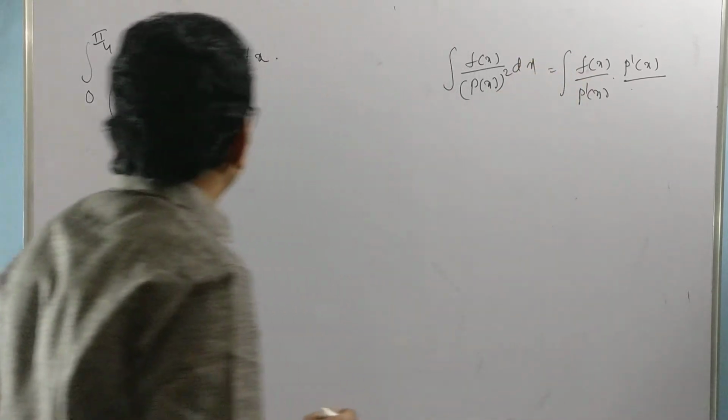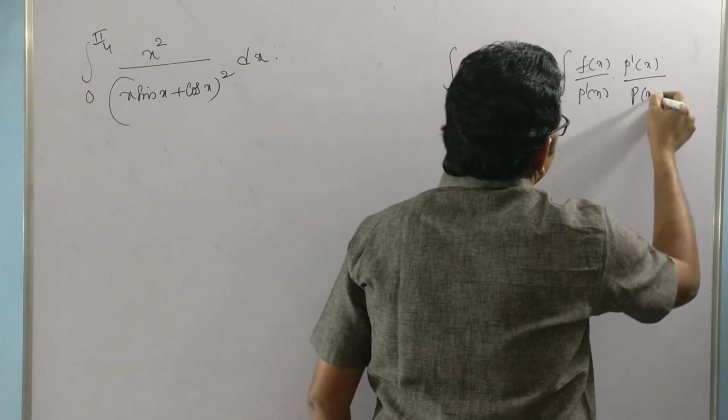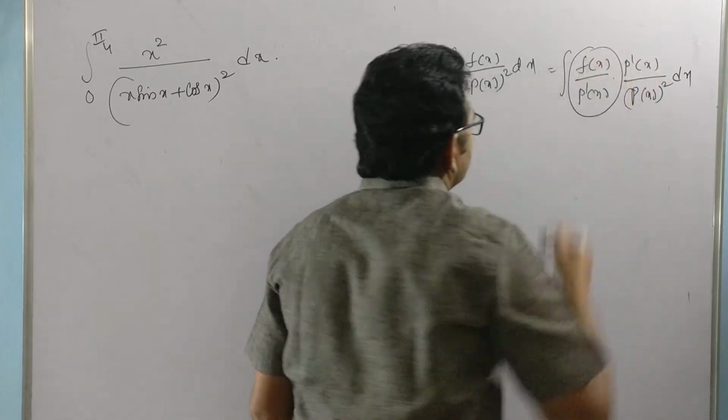That means the derivative of this into p(x) whole squared, dx, by taking this as the first function.